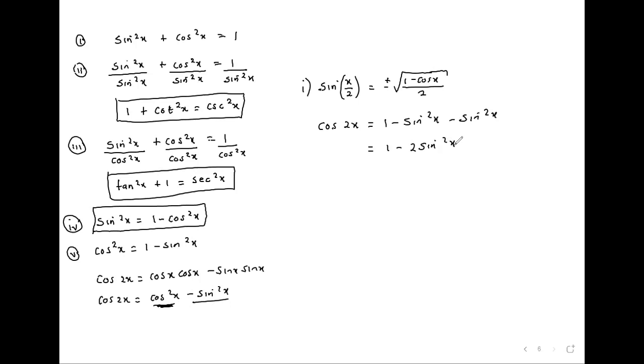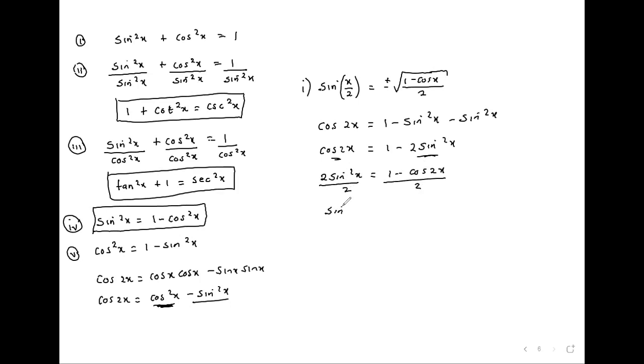Since we have cos 2x is that, and we're looking for sine, we can take this sine to the other side and this cos to the other side, so that we have 2 sine squared x is 1 minus cos 2x, then divide by 2.